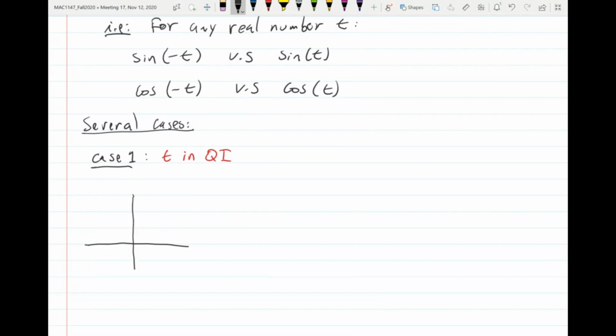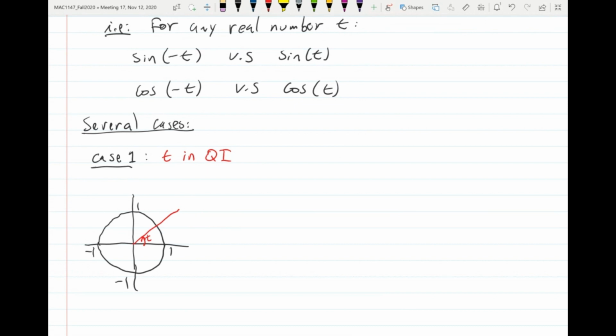So we have our unit circle, with 1, 1, negative 1, negative 1, and then we have our angle. Remember, when you think of t as a real number, we are really talking about this arc length. But because this is the unit circle, we can also talk about this angle, and the measure of that angle in radians will also be t.